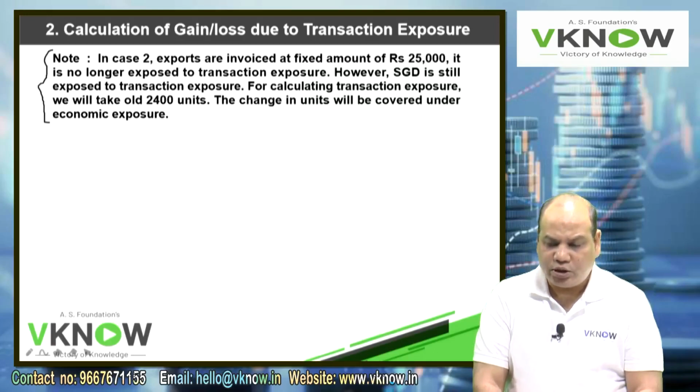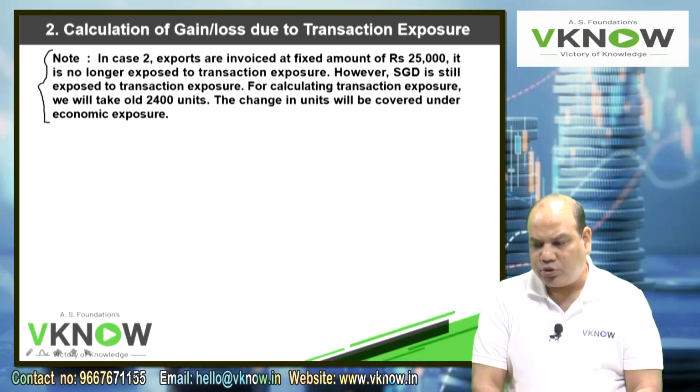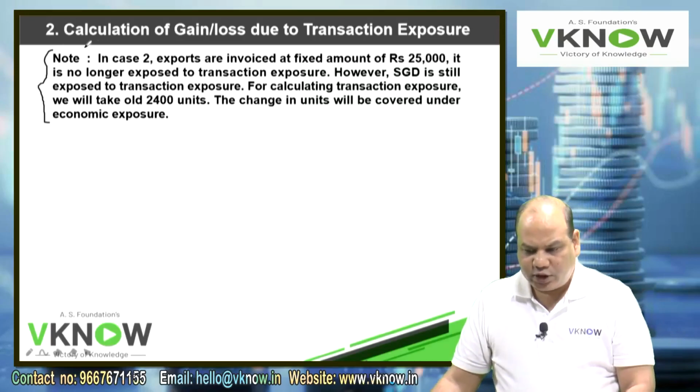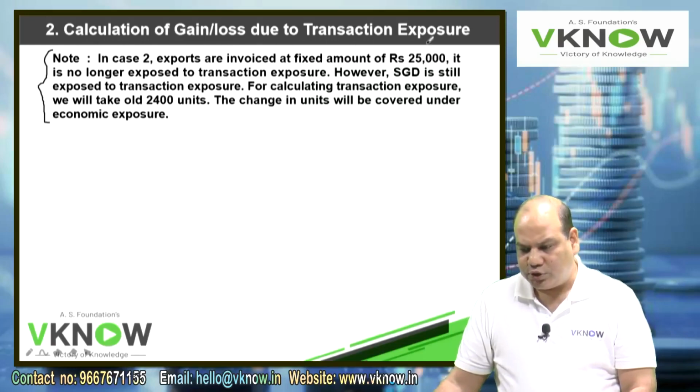So write down note. In case 2, this is the second case we are solving. If you have not written the heading, first write the heading: calculation of gain or loss due to transaction exposure. Answer 2.